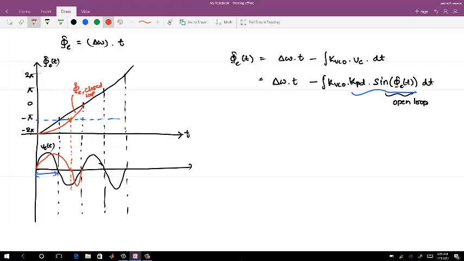So what will be the value of phi e? If you work this out, it is delta omega t minus, let me say this value with K VCO is something K, you have minus cosine of phi e. Just a minute, this is sine, so you need to integrate it with respect to time dt.